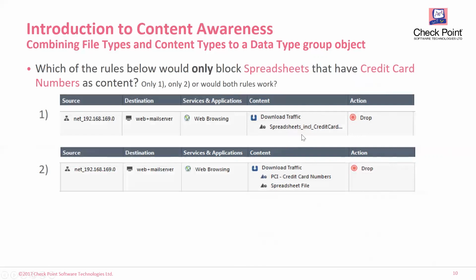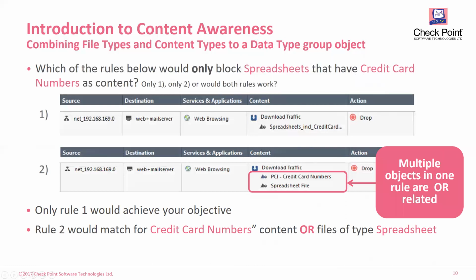You want to create a data type object group so that it's an AND, because you don't want to accidentally drop all spreadsheet files when you are intending on only dropping spreadsheets with PCI credit card numbers. So that's something to watch when you're creating your rules: don't put multiple content types within the same content group unless you're okay with a bunch of ORs. If you have 3 here, any of those getting hit means it's getting dropped, because they get treated like an OR.